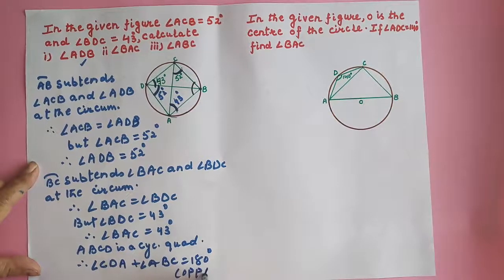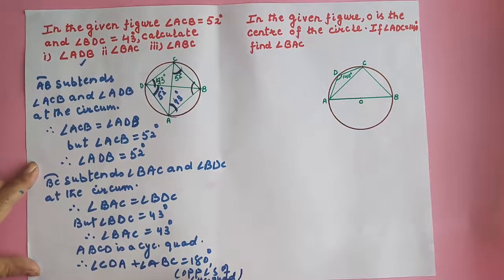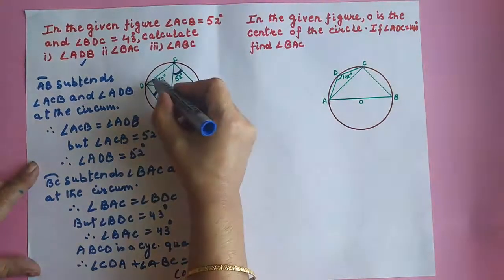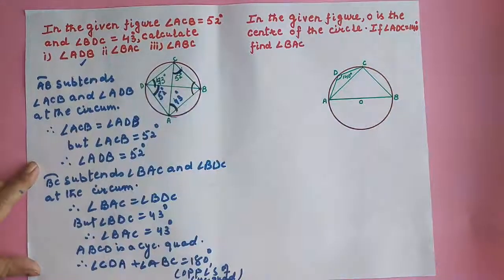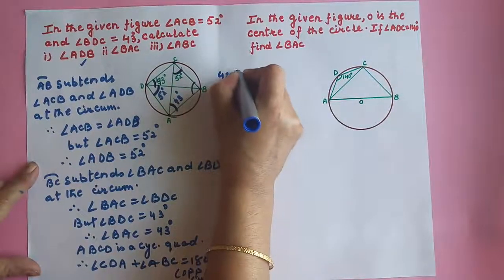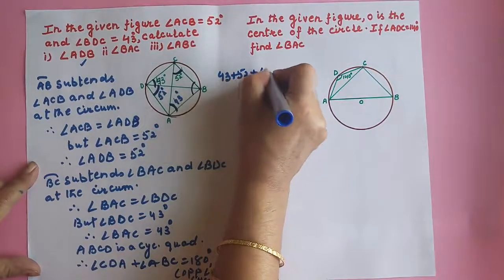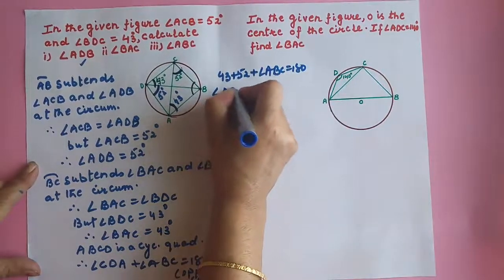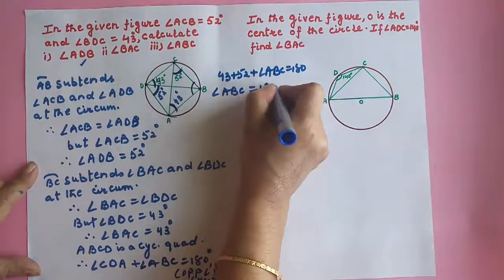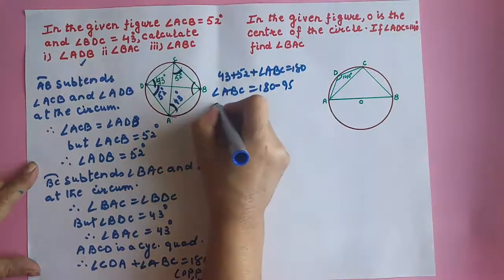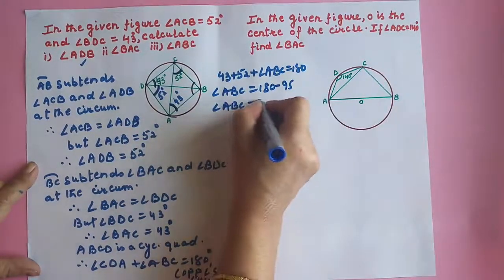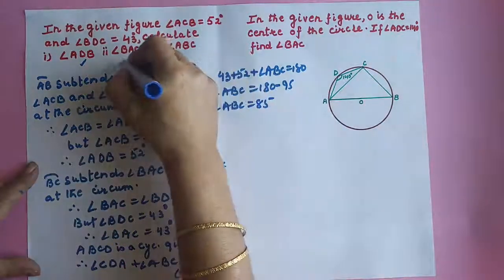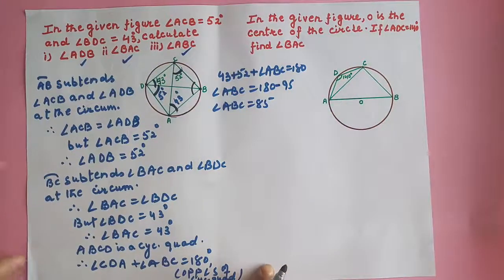Because opposite angles of a cyclic quadrilateral. Now, angle CDA is 43 plus 52. So 43 plus 52 plus angle ABC is equal to 180. So angle ABC is equal to 180 minus 95. So angle ABC is equal to 85. You have found all the three angles of this circle. Okay. Let's go to this question now.